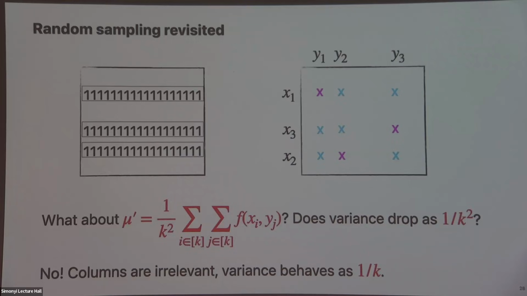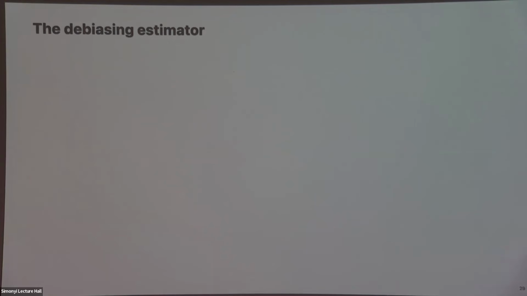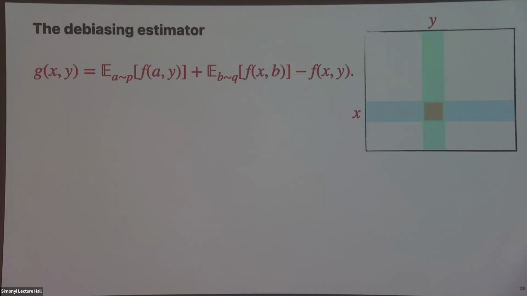But the point is, even this naive idea can be made to work. You just need the right estimator. And this is something that we call the debiasing estimator. What is it? My new estimator, given x and y, is a slightly more complicated thing. I first draw the first coordinate a at random.